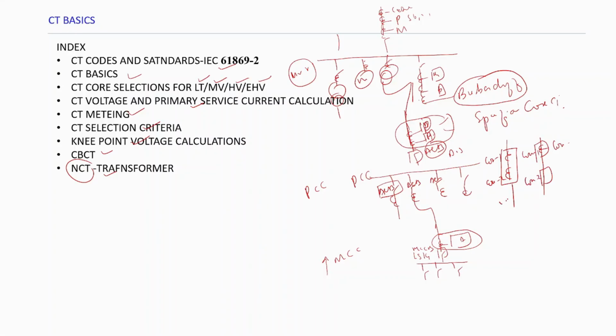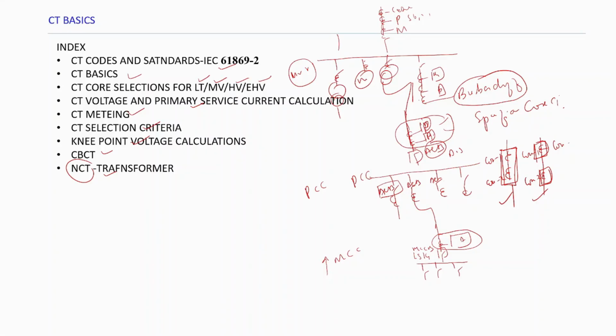Is there any difference between this diagram and this diagram? Do you find any differences? The first one is one CT which has two cores, and the second one is two separate CTs, each with just one core. Okay, correct.